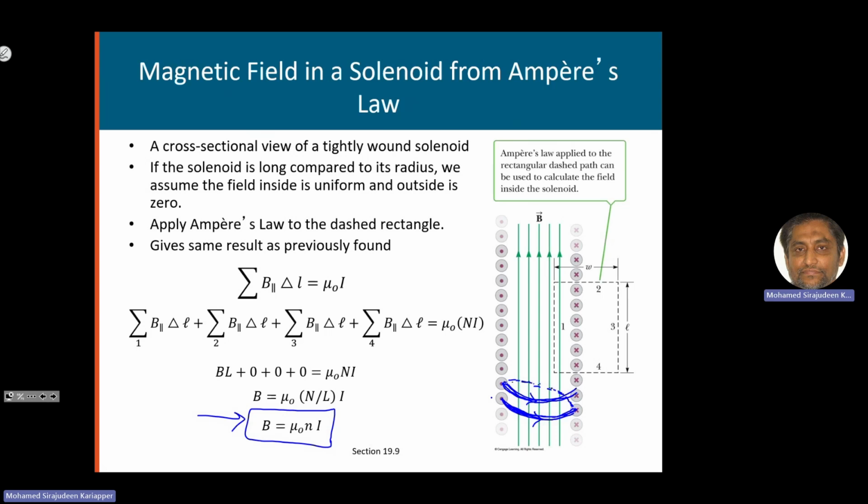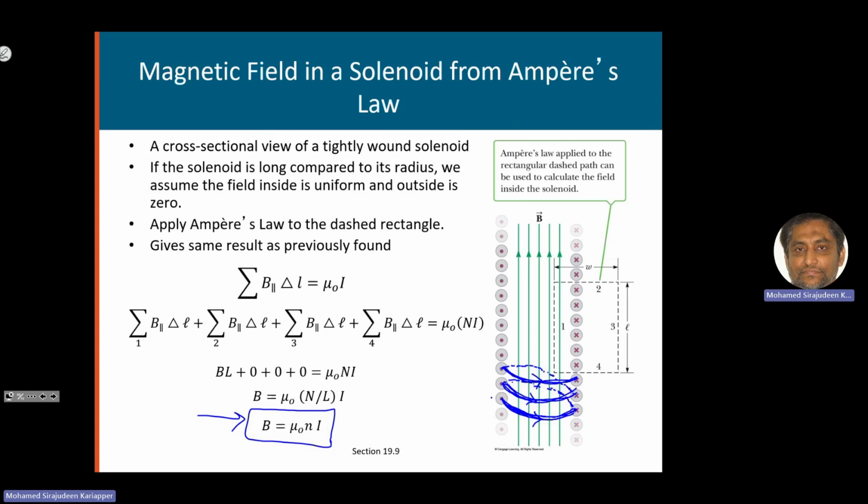So I'm using a dotted line. What is coming out will come out from the left side of the coil of the solenoid and go in on the right side.